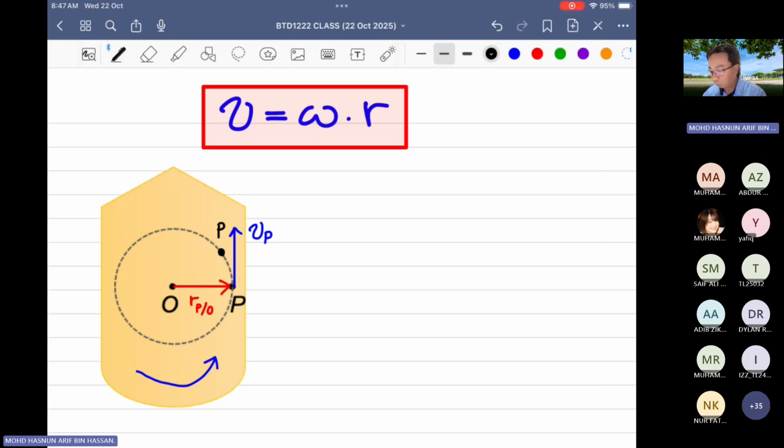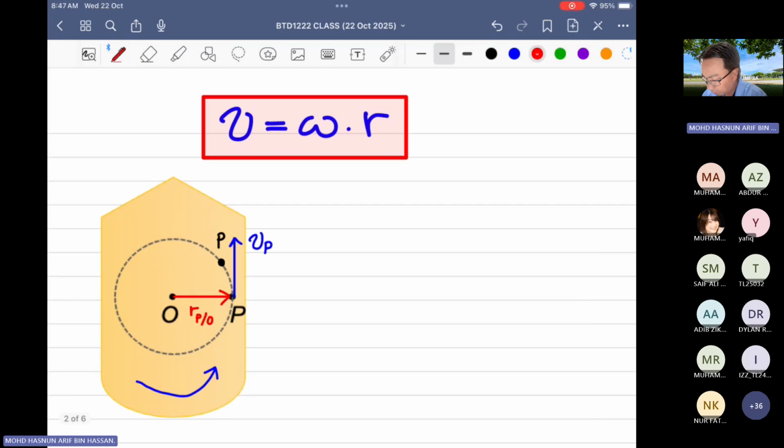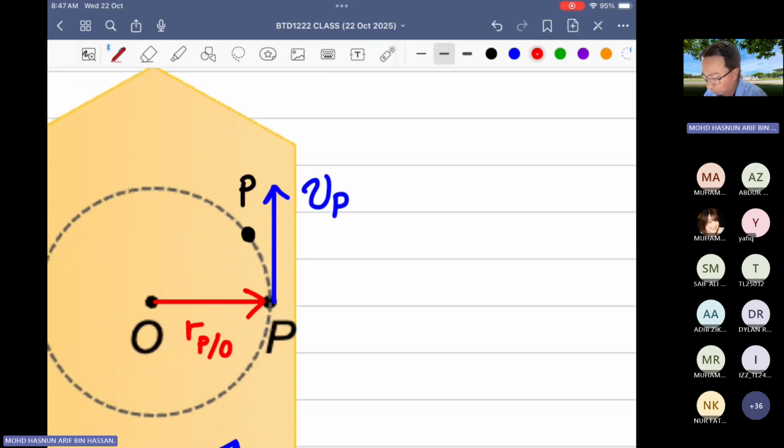In which direction? Let's draw first the new position vector. Let me zoom in. It will be like this. This is the position vector of point P, RP/O, which is still the same.